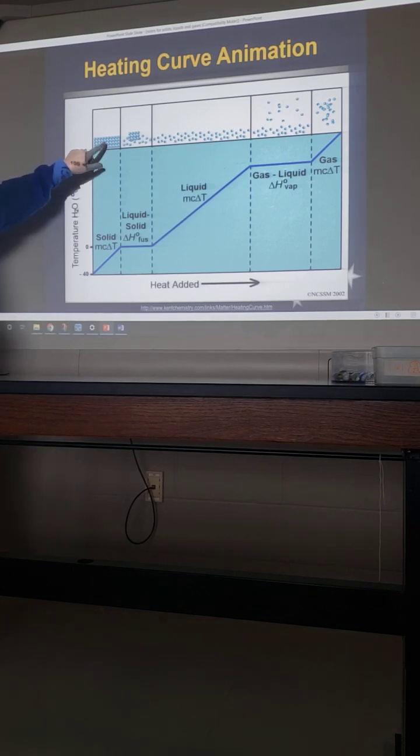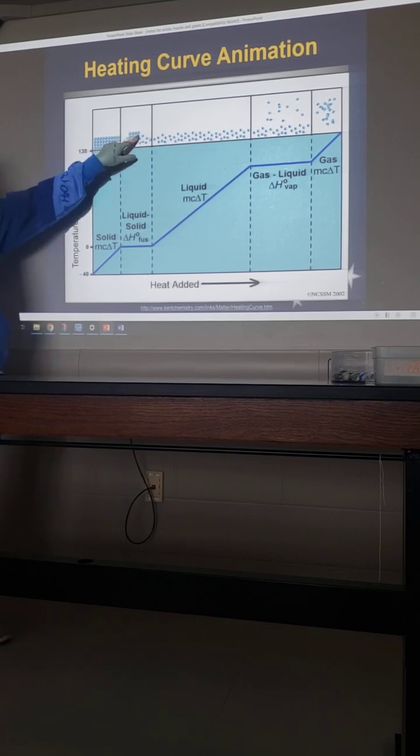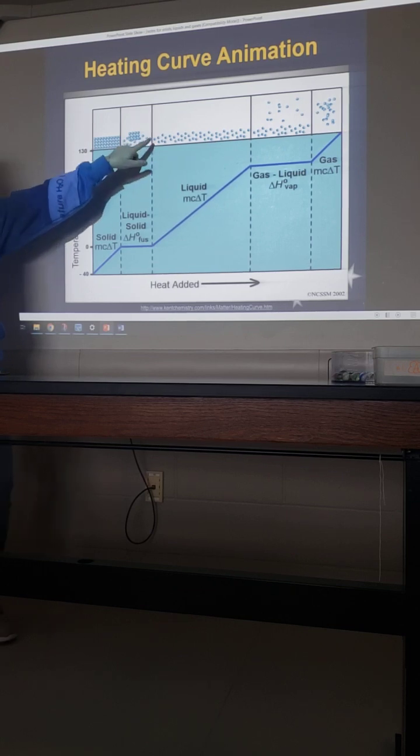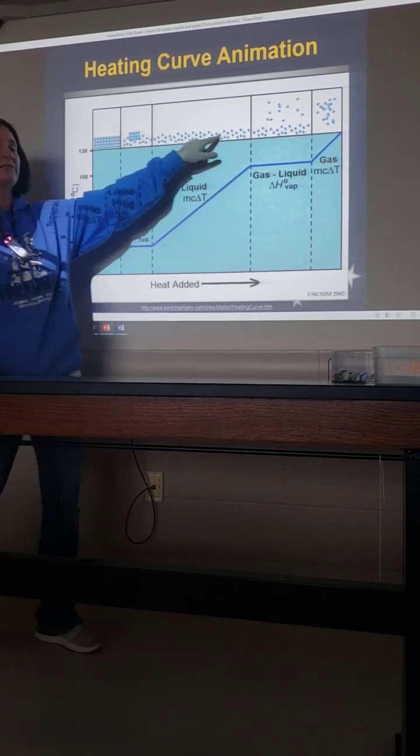Look up here. These visually show really good what's going on. So I see that I have all my molecules tightly packed. They're as a solid, right? Not much space between them. Now I see a little bit of that solid, but then I also see some of the attraction kind of weakening, and now I see some space between some of the molecules. Okay. Now all the molecules have spaces between them.